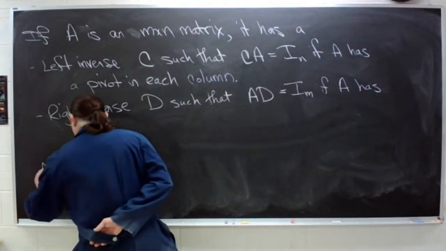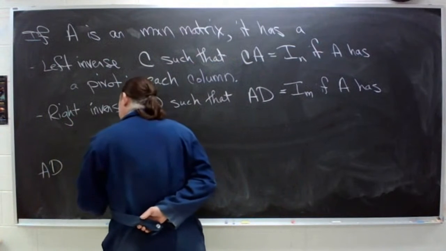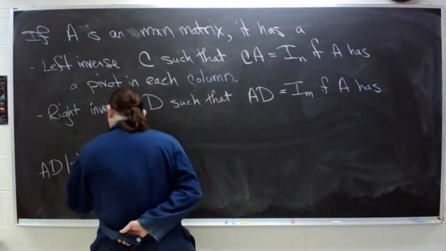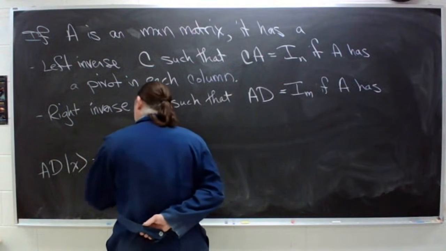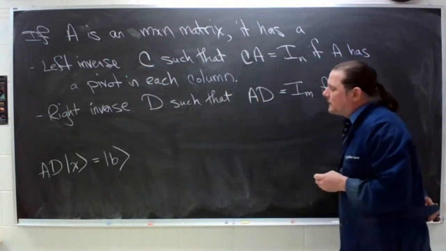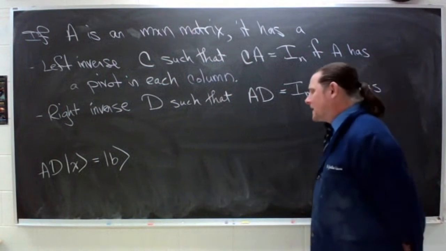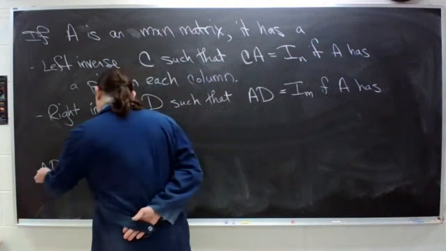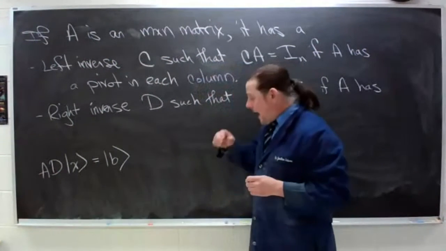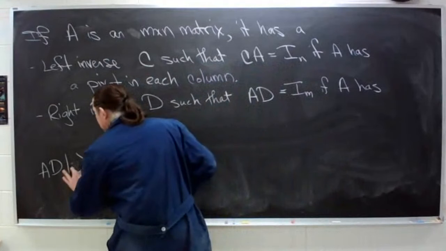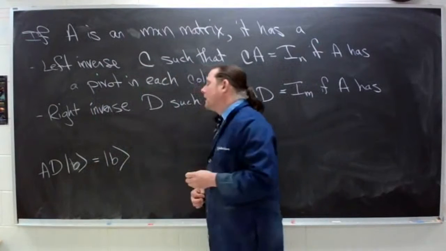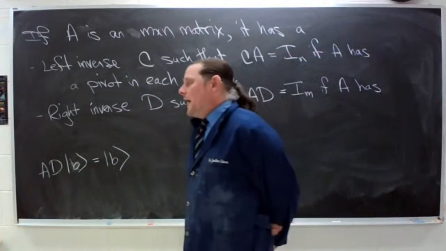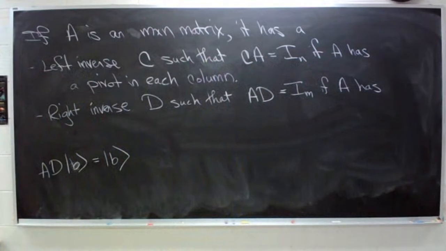If AD is the identity, then that means AD acting on b is equal to b for any vector b in R^m.